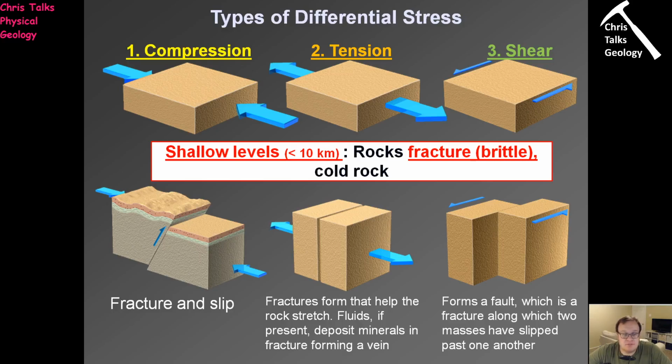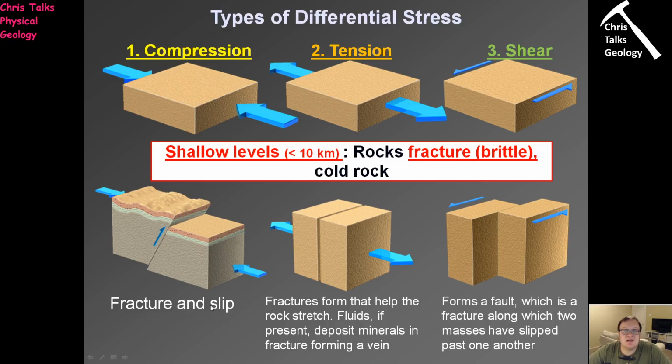If we expose a rock which is going to behave in a brittle fashion to a compressional stress, obviously, once we squish that layer of rock enough, it is going to fail in a brittle fashion. It's going to crack, and eventually we're going to fracture our rock, and the pieces of rock are going to slide past each other.